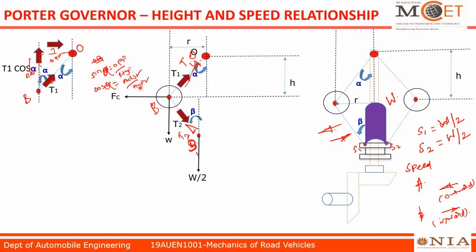And cos alpha equals adjacent divided by hypotenuse. Hypotenuse is T1, so adjacent equals T1 into cos alpha. Adjacent is T1 cos alpha, opposite is T1 sin alpha.